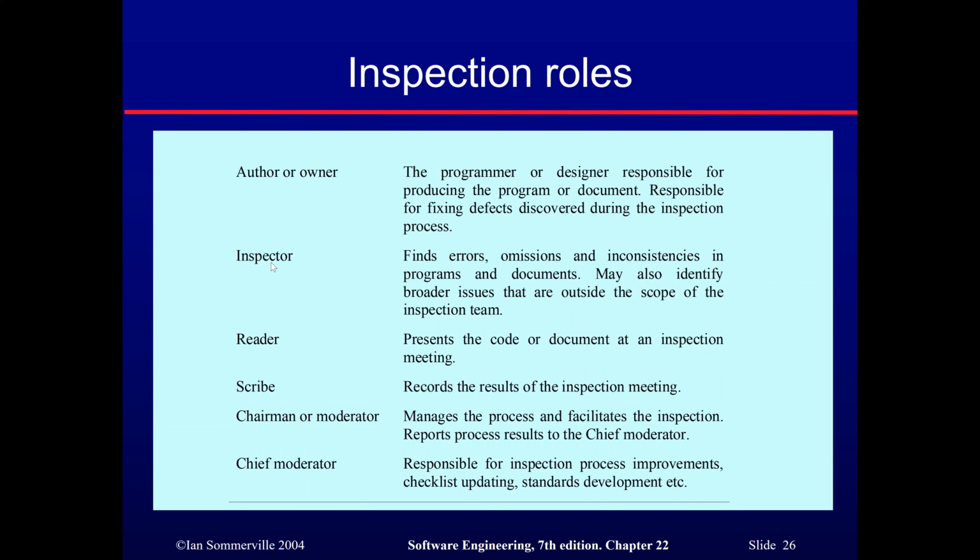Okay, who is the inspector? So the author is the programmer. The inspector is the one who finds errors, omissions, and inconsistencies in programs and documents, and may also identify broader issues that are outside the scope of the inspection team.